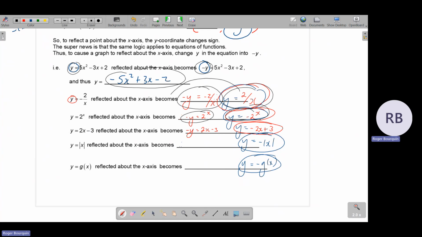It folds the whole graph over. If you had the absolute value graph y equals absolute value of x, and you want a reflection, the y becomes negative y equals absolute value of x, divide by negative, and you end up with y equals negative absolute value of x. In general, you end up with y equals negative f of x.